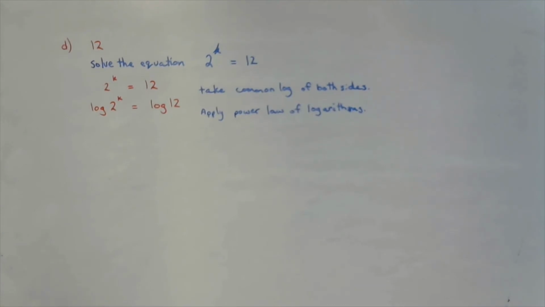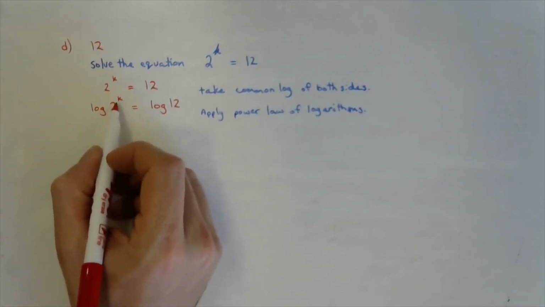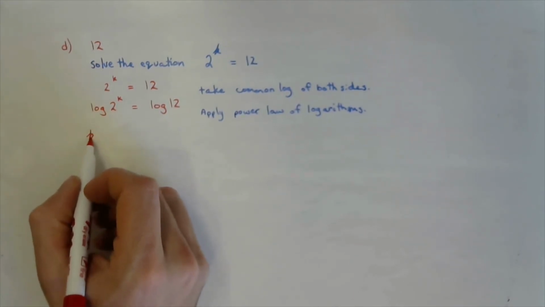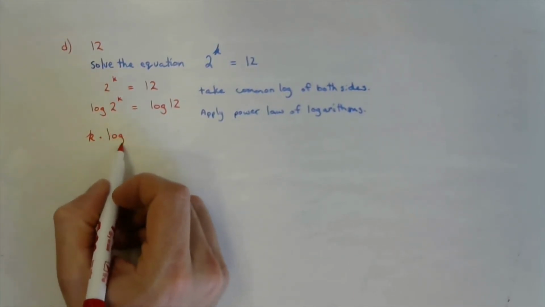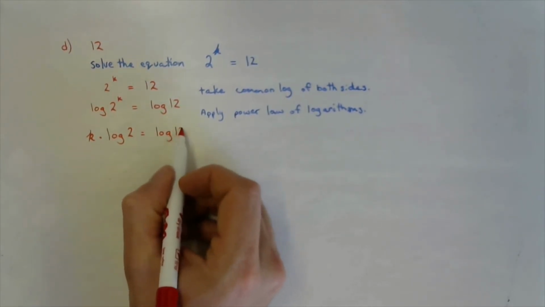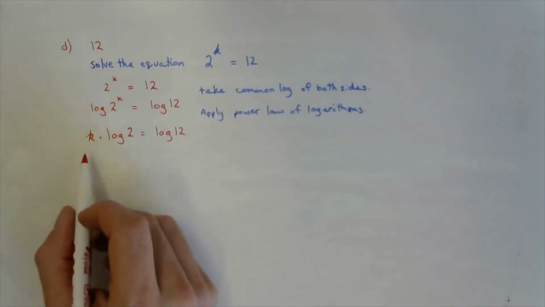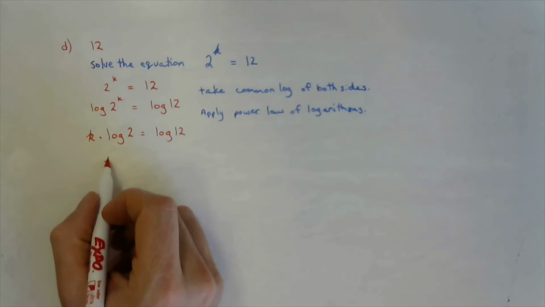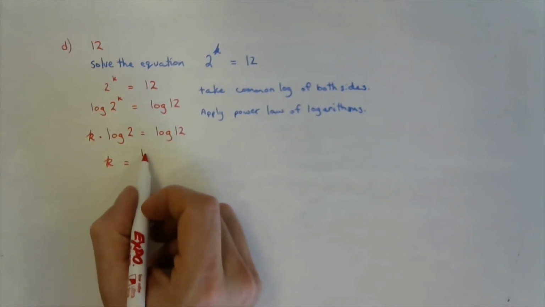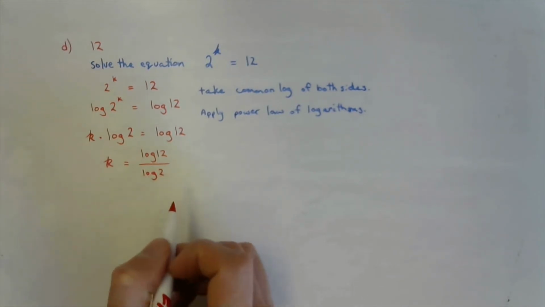The power law of logarithms allows me to take the exponent of our log and bring it out in front. So on the left-hand side, now I have k times the log of 2. That equals the log of 12. And now with basic algebra to solve for k, I can just divide both sides by the log of 2. Which tells me that k is the log of 12 over the log of 2.